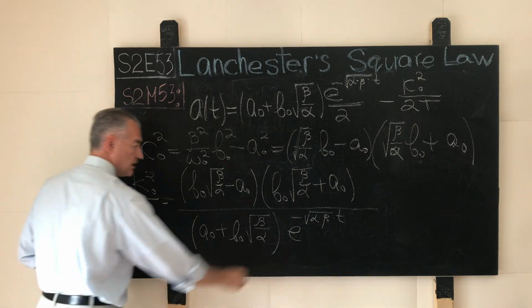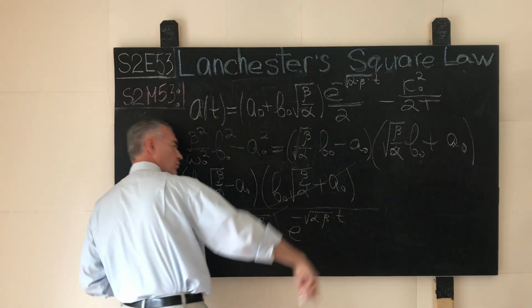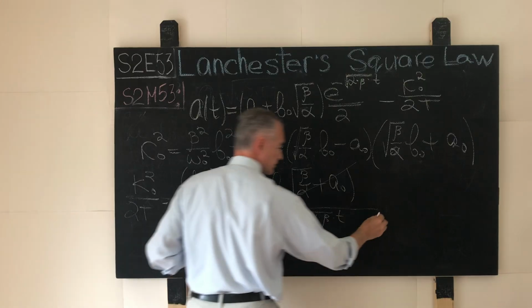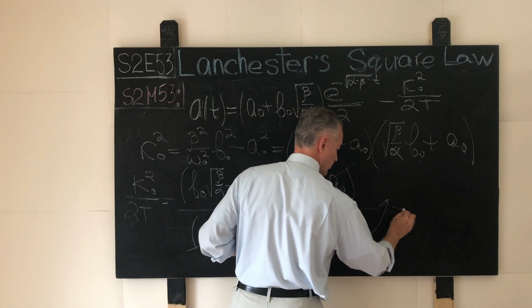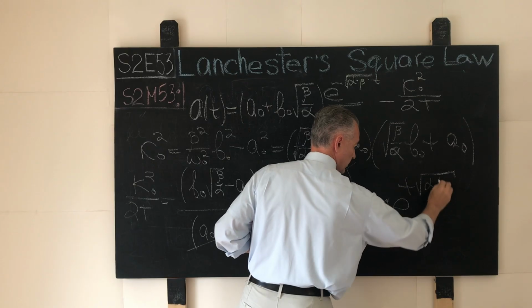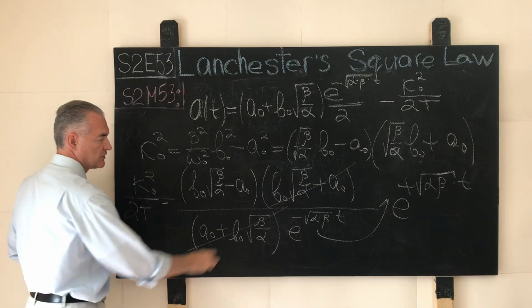What do we see? Big cancel, big cancel. Once we flip this exponent upstairs, what will happen? The sign will become the plus. So this guy comes out here with the sign plus square root of alpha beta t, you see? And what do we have left over here?